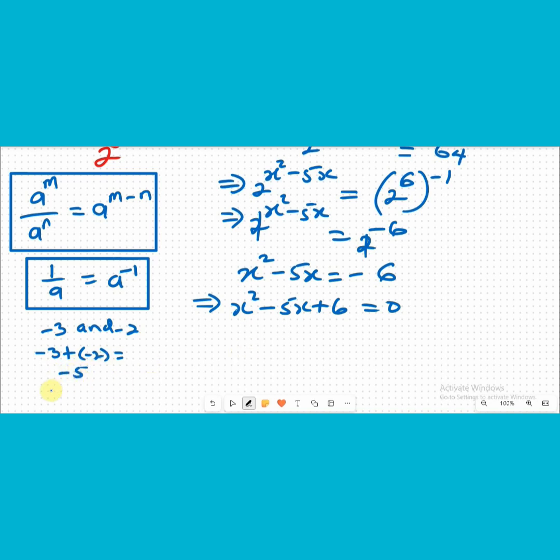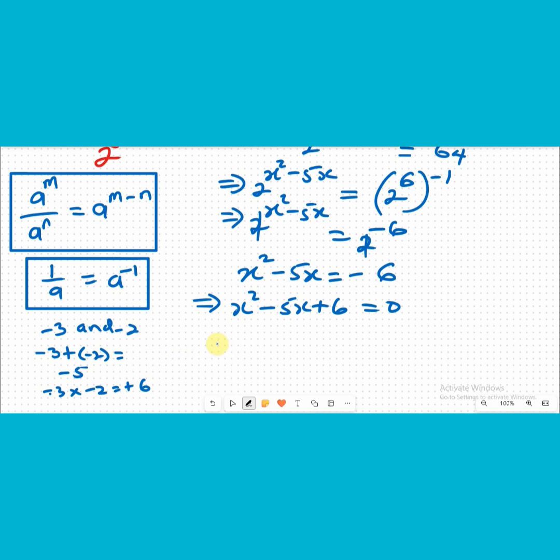But if you multiply minus 3 by minus 2, minus times minus is plus, and 3 times 2 is 6. So the two numbers are minus 3 and minus 2.